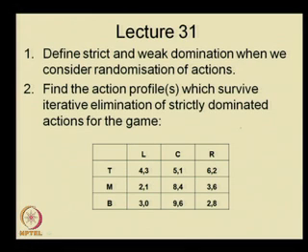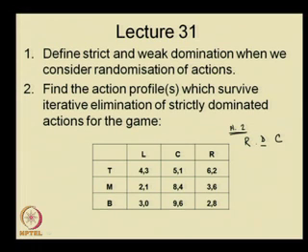We find that in the first round, player 2's payoff from R is always greater than player 2's payoff from L. So, we write it as R strictly dominates C.